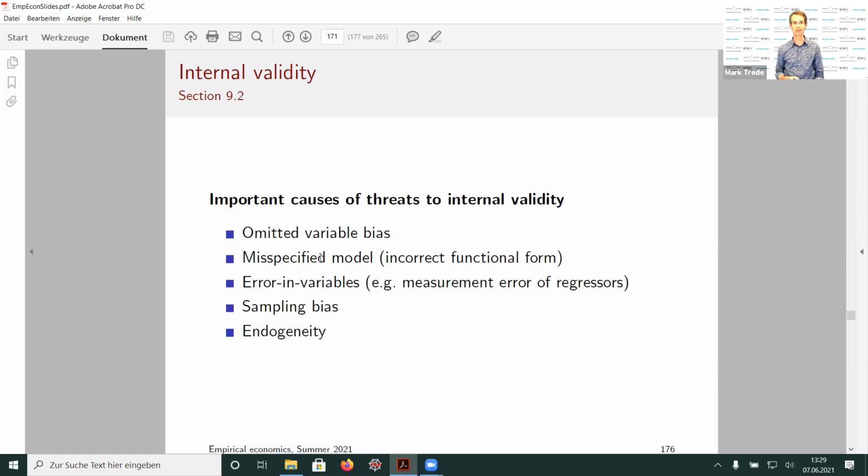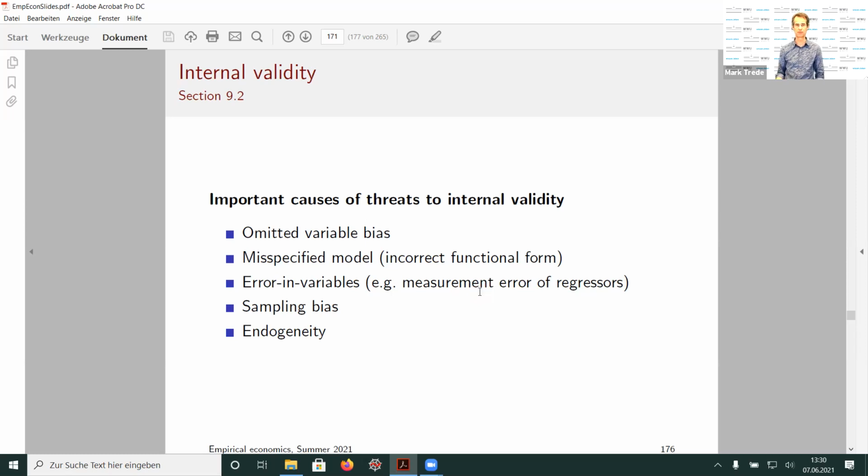And as usual, I'd like to invite you to specialize more in econometrics. It's really an interesting field, and there's much more to learn and really important techniques which are quite useful for empirical work. Another problem which might be a threat to internal validity is the so-called error in variables problem, which happens if you measure your regressors with an error.